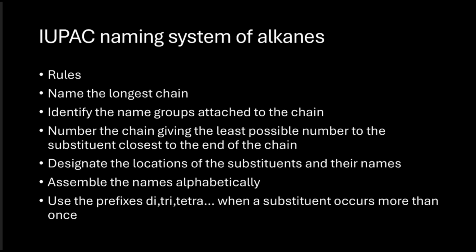After that, we identify the groups attached to the main chain, and then we assign numbers to the groups by giving the substituents closest to the end of the chain the least possible number, and then we designate the locations of the substituents and their names. After that, we assemble the names alphabetically and use prefixes such as di, tri, tetra when a substituent occurs more than once. So let's go ahead and try examples.